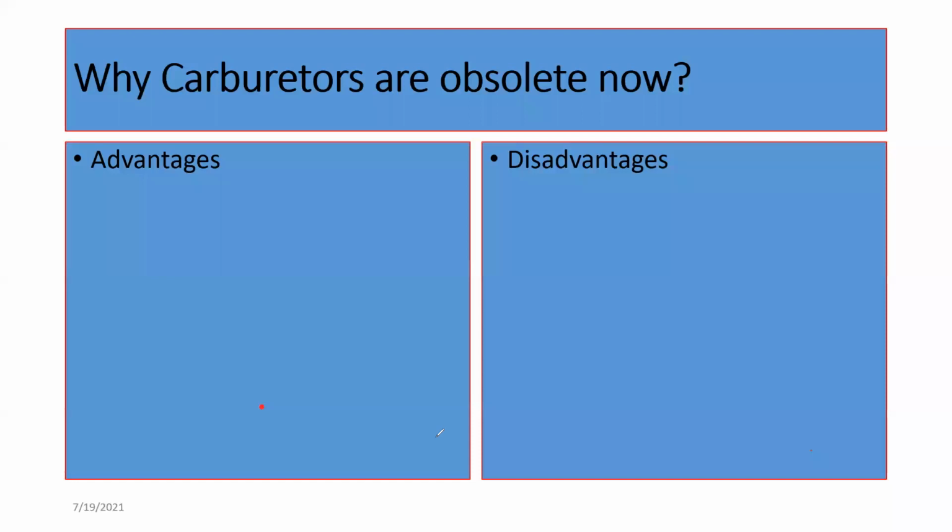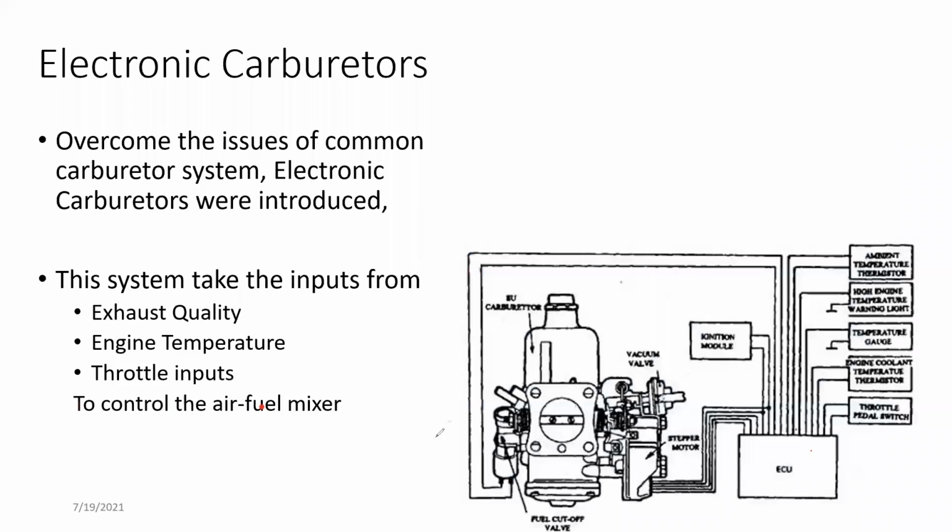So a different type of carburetor was introduced, also known as electronic carburetors. Let me try to explain this in a simple way. You know how a computer works, right? You have a process, then you have output.